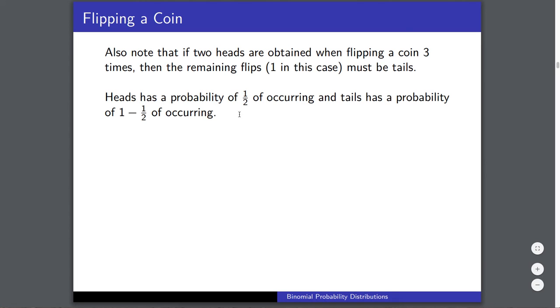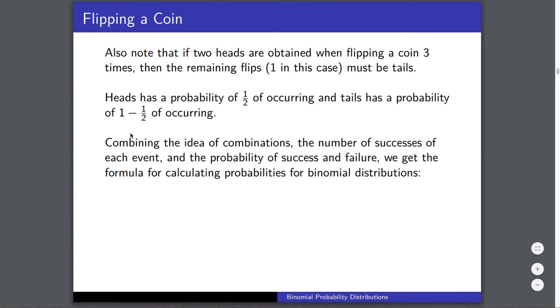So heads has a probability of 1/2 of occurring. Tails has a probability of 1 minus 1/2, which also happens to be 1/2. So the probability of success is, in this case, 1/2. To calculate the probability of failure, take 1 minus that probability of success. So it's the complement rule from our probability involving the word or.